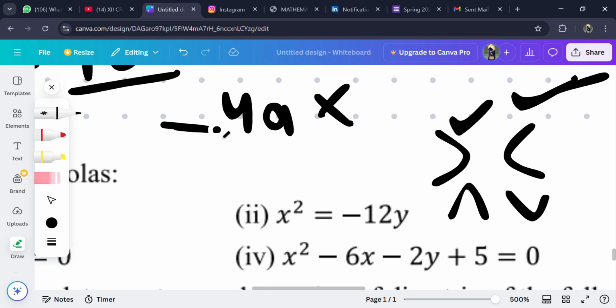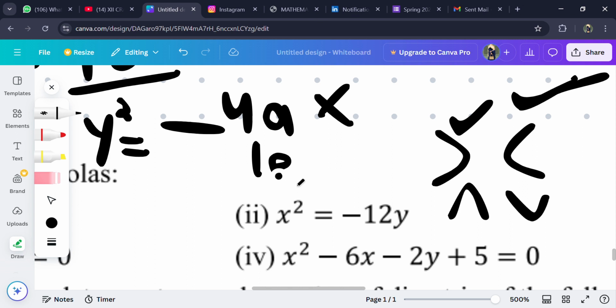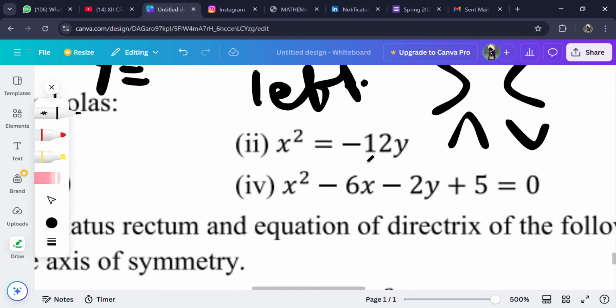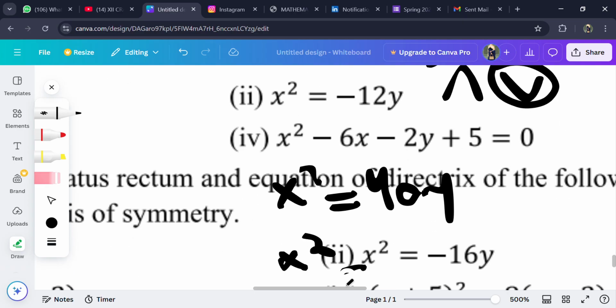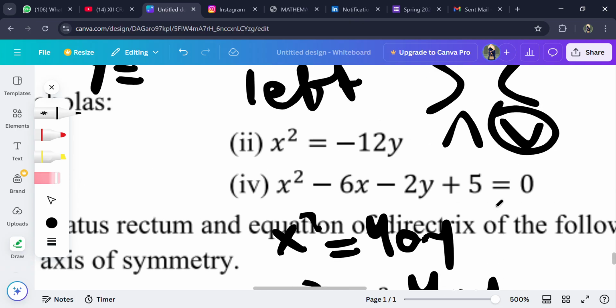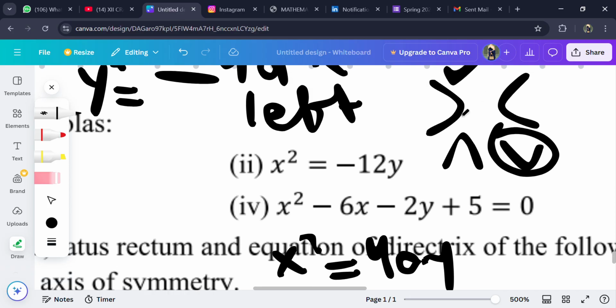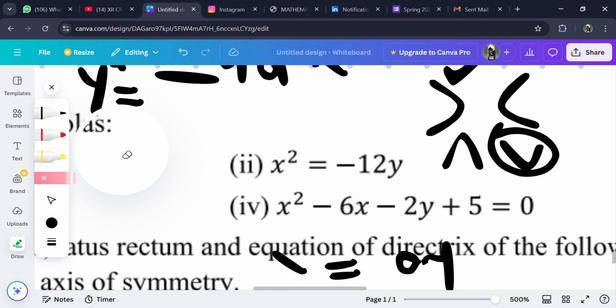If the equation is y square equals minus 4ax, then it's a left side parabola. If an equation says x square is equal to 4ay, it's an upward parabola. If an equation says x square is equal to minus 4ay, it's a downwards parabola. This is how you identify all 4 kinds of parabolas, where the minus sign is written, so we can easily identify that this is a downside parabola.